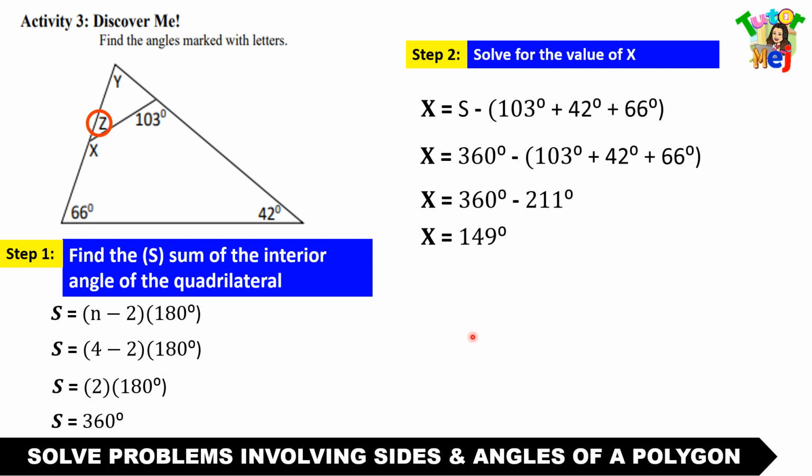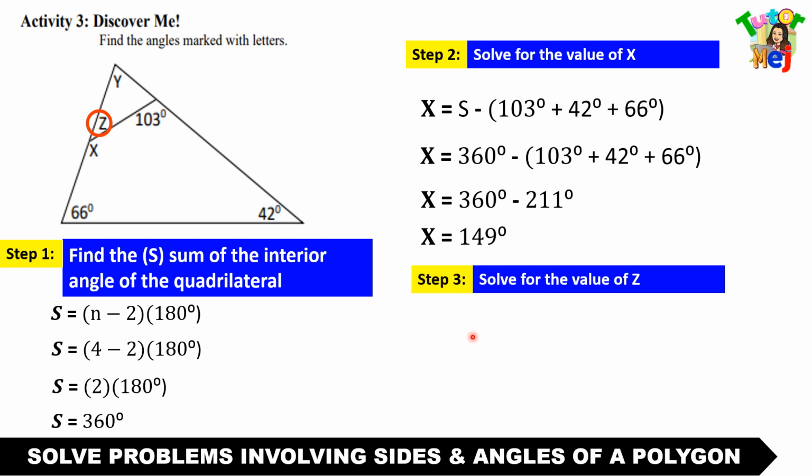So, meaning, it will be equal to 180 degrees kapag pinag-add up natin ang x at z. Kaya ang reference natin for step 3 is your 180 degrees. Now, we will subtract 180 degrees minus the obtained value of x, which is 149. So, subtracting that one, we get now 31 degrees as the measure of our z.